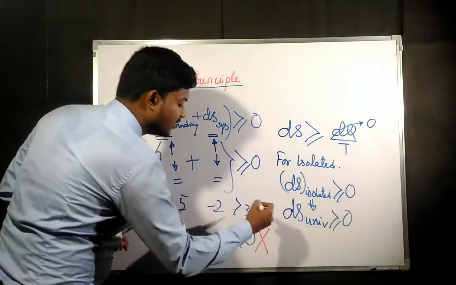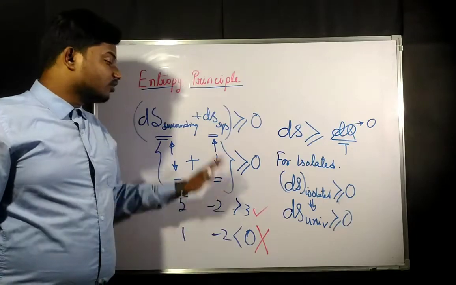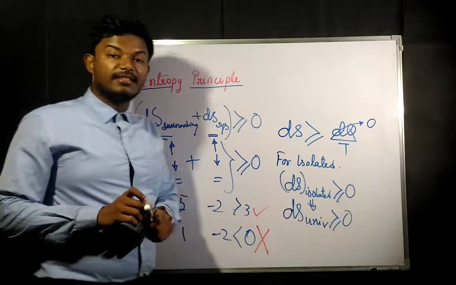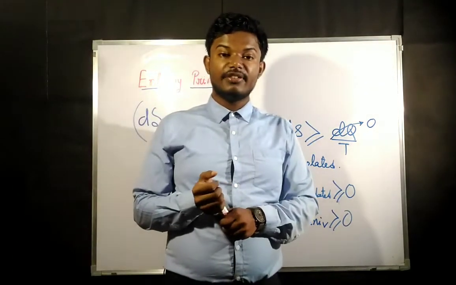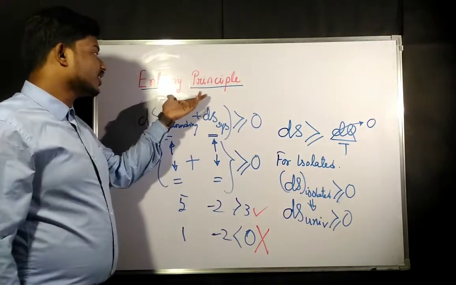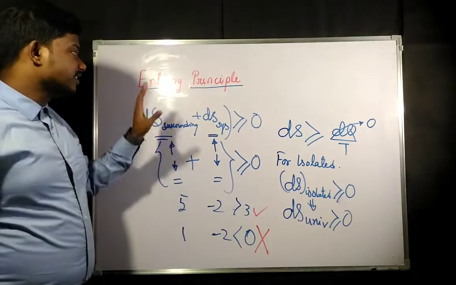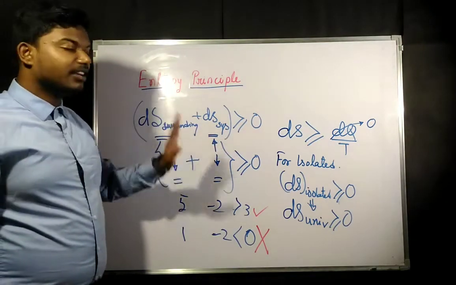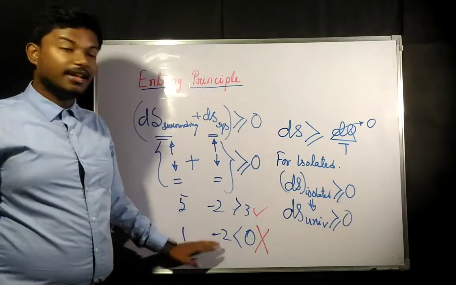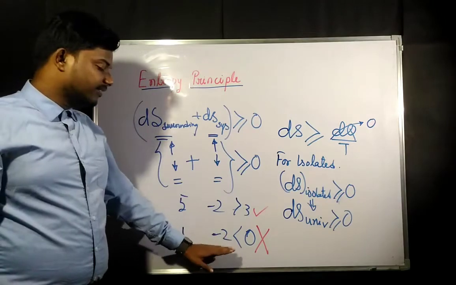So this is never going to happen. This principle is known as the principle of increase of entropy, the entropy principle. The final statement is that the entropy change of the universe is never going to be less than 0.